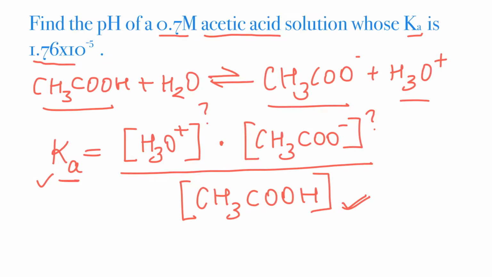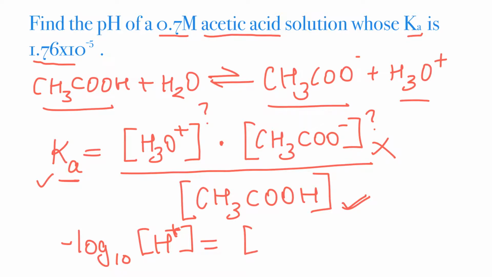Now, the acetate ion is inconsequential. You do not need the acetate ion to find the pH, because if you remember, the equation for pH is negative log to the base 10 of H plus ions. At this point, let me clarify that H plus ions is basically the same as H3O positive.